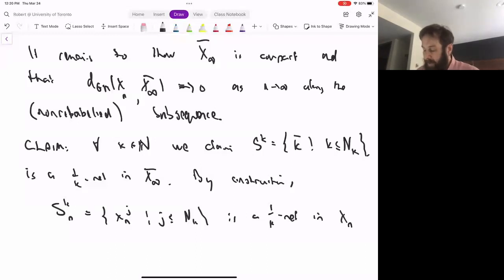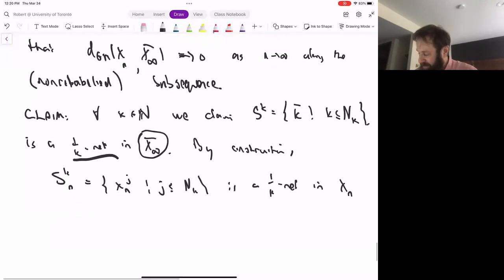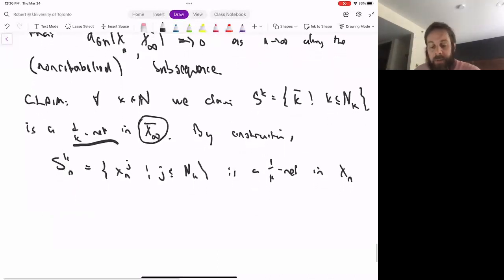And by the way, since this space is complete by construction, once I check that it admits a 1 over k net for arbitrarily large k, then it's compact. So I really need only to check the Gromov-Hausdorff convergence.